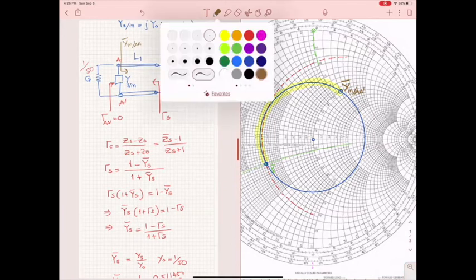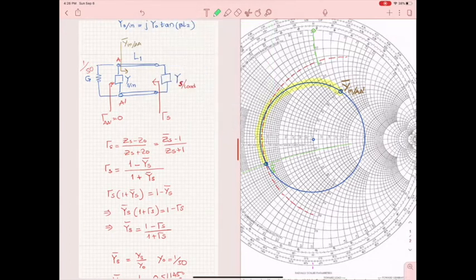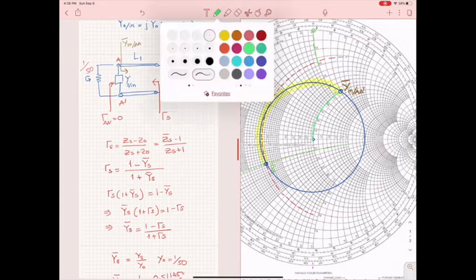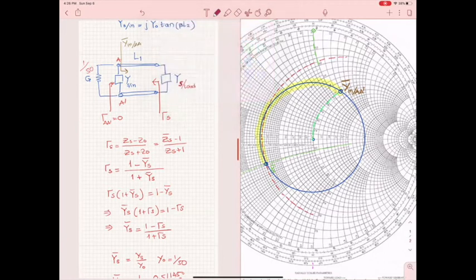If I move now along this circle, which has, for an admittance chart, a constant real part in the normalized admittance, then I get to the center of the chart.